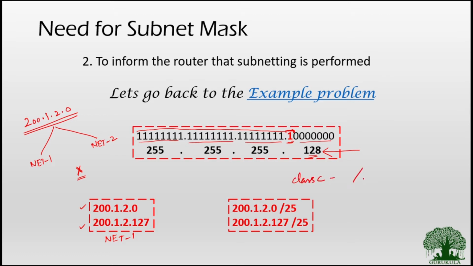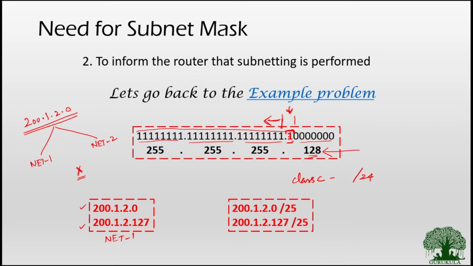And you can very well see that there is a /n representation. Generally for class C, the /n representation will be 24, which means that 24 bits are allocated for representing the network. But here we are subnetting the given address space. So these 24 bits we are not altering, the bits to the left of this line we are not altering, but we are taking one more additional bit here for subnetting purposes.